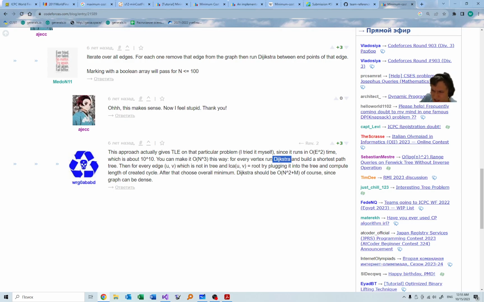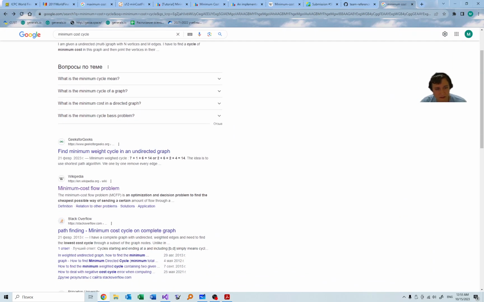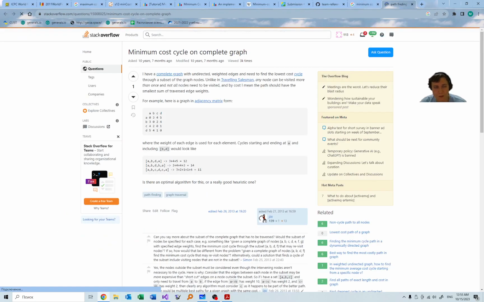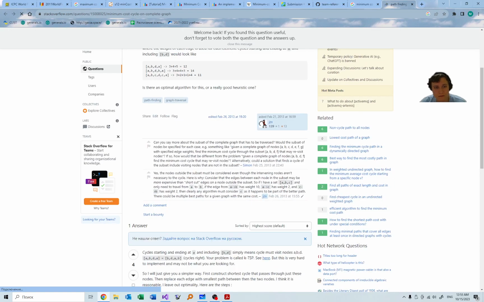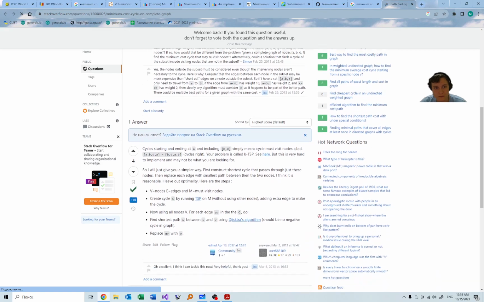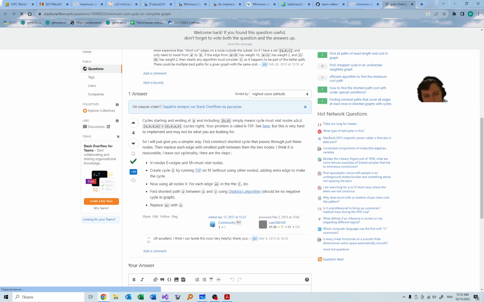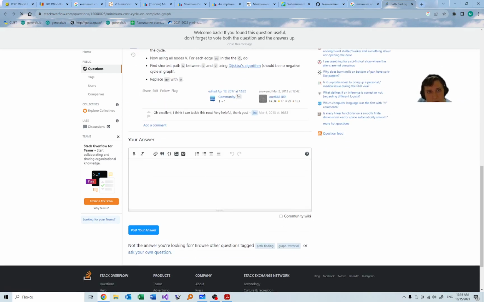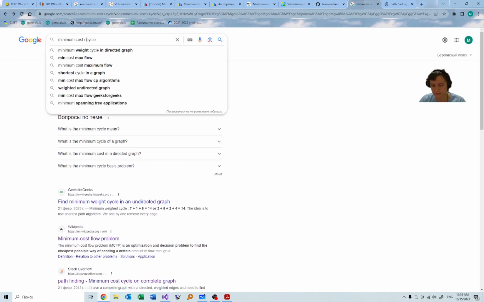The shortest path tree is just something which doesn't work here.